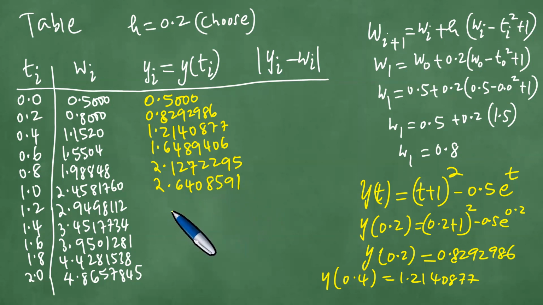Okay. Let's see. At 1.2, 3.1799415. Okay, this one is because I've done it, but yeah, with the others, we shall use a calculator even today.